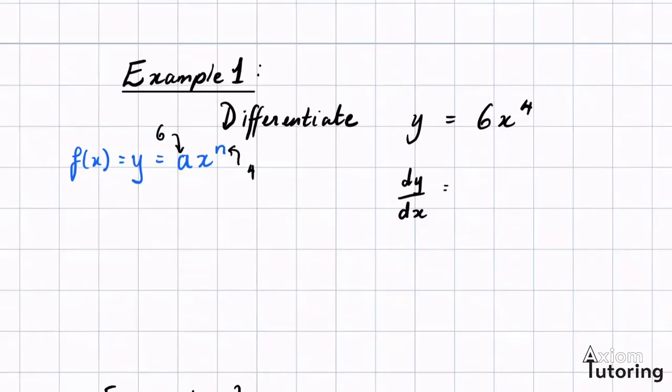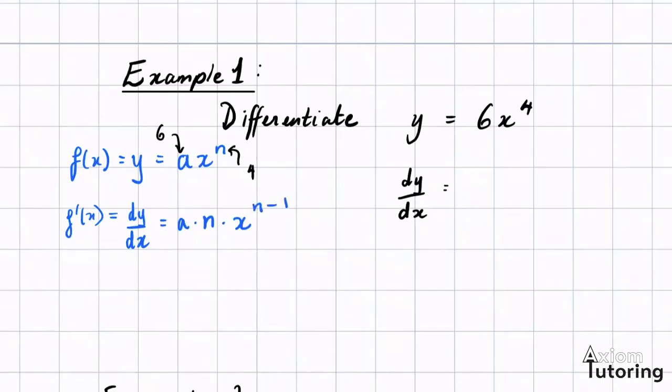So if we want to find our derivative f dash x equal to dy over dx, we want to bring down our n. We keep our a here, so that's our constant value 6. And then we multiply this by x to the power of n minus 1.